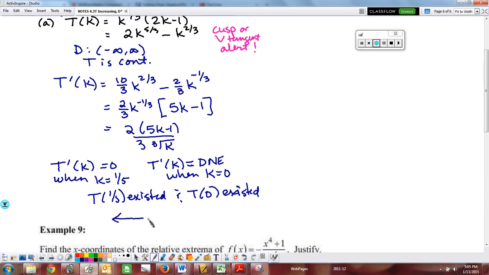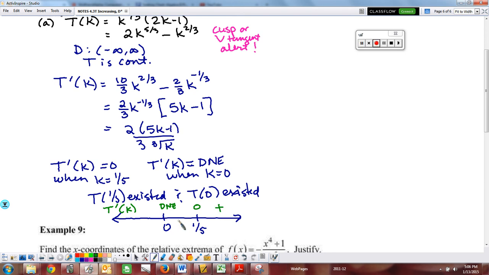So I'm going to create my sign chart, and I'm going to put my 0 and my 1/5. We are going to make sure we label well. This is going to be the derivative of k, which is DNE for 0 and 0 for 1/5. I'm going to pick test values to plug in. So we'll pick something like 1, which is going to end up being positive.